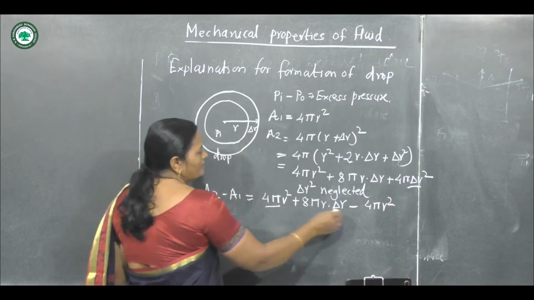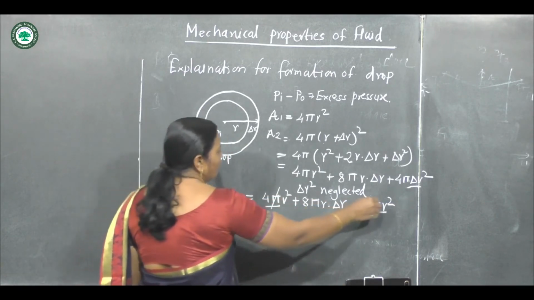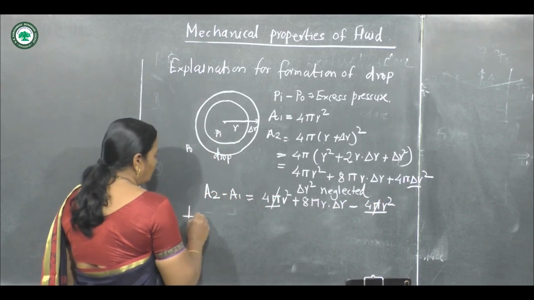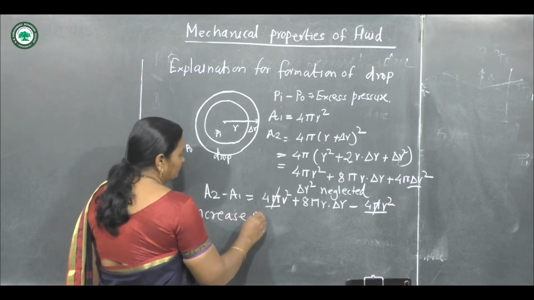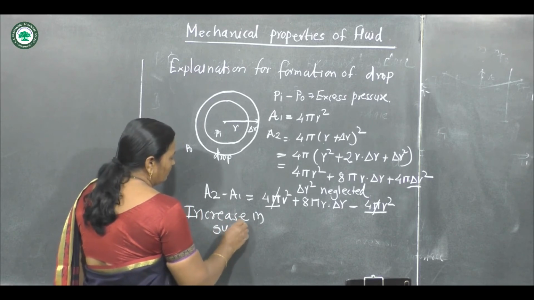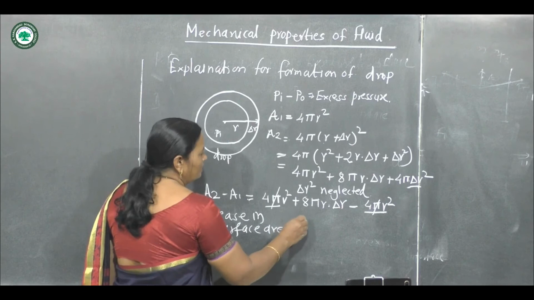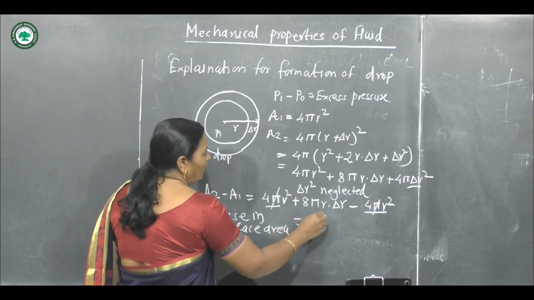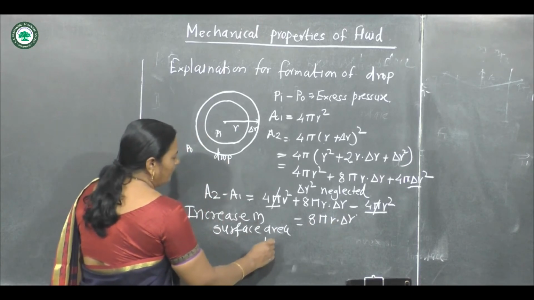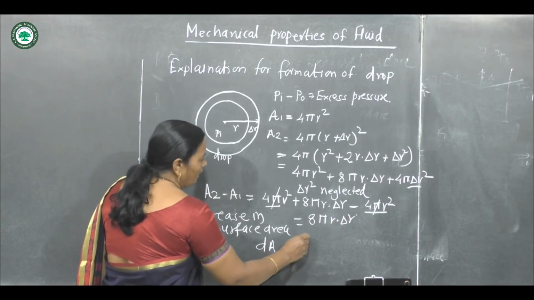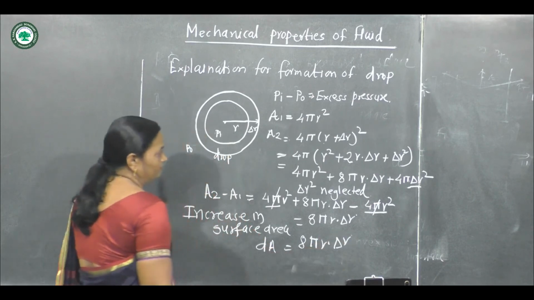These are the same quantity but the sign is opposite, so they cancel. Therefore the increase in surface area is equal to 8 pi r delta r. We can write dA is equal to 8 pi r delta r.